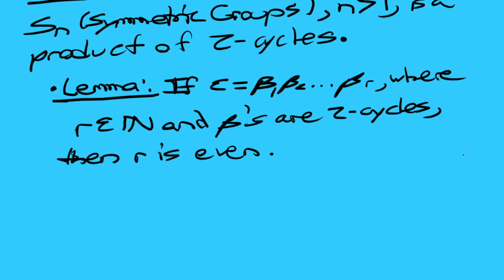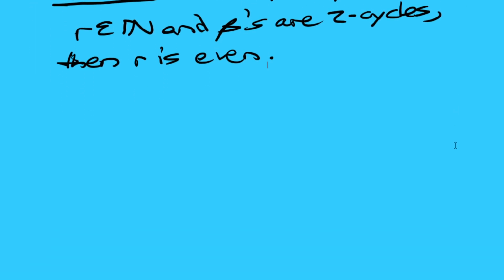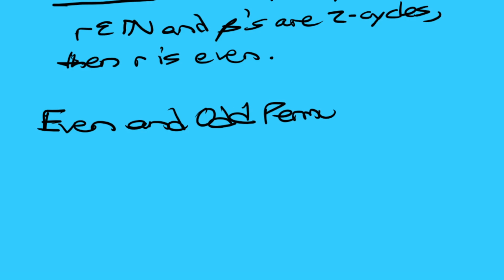So this kind of leads us into the next theorem that's related to permutations, and that is even and odd permutations.